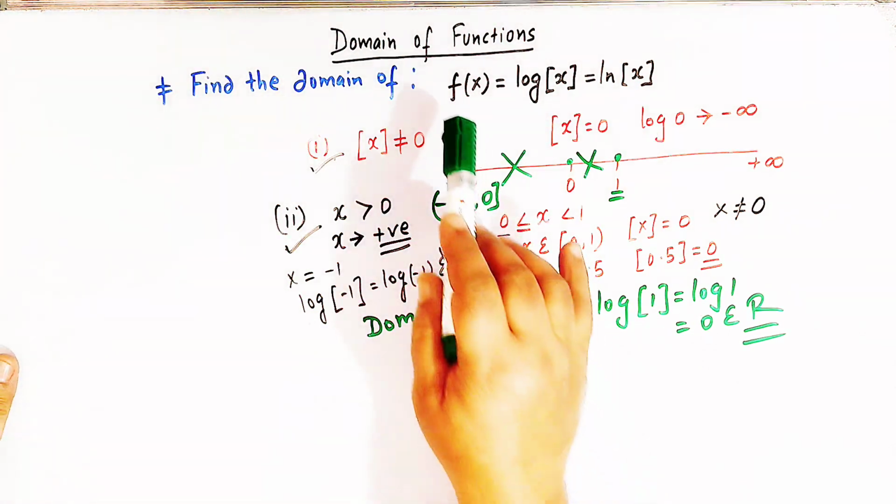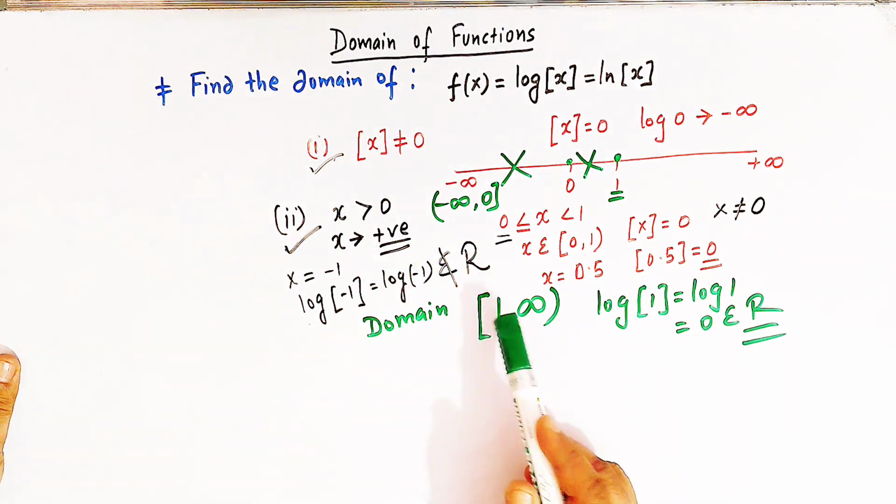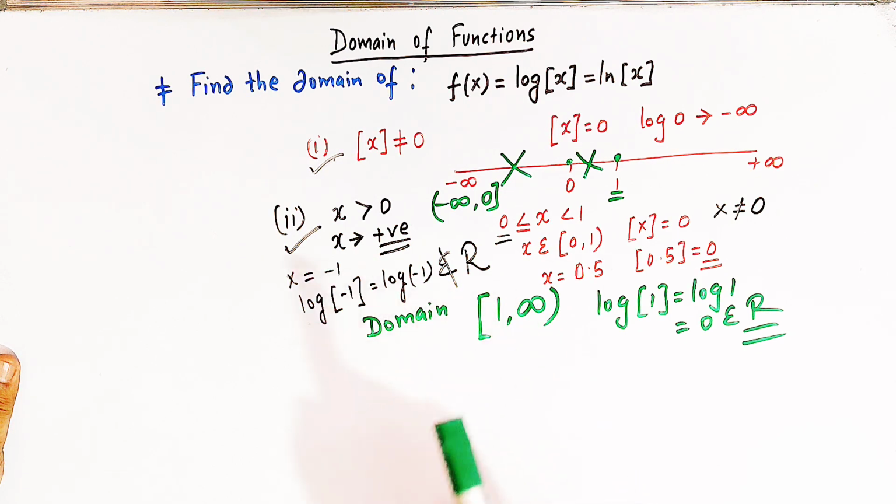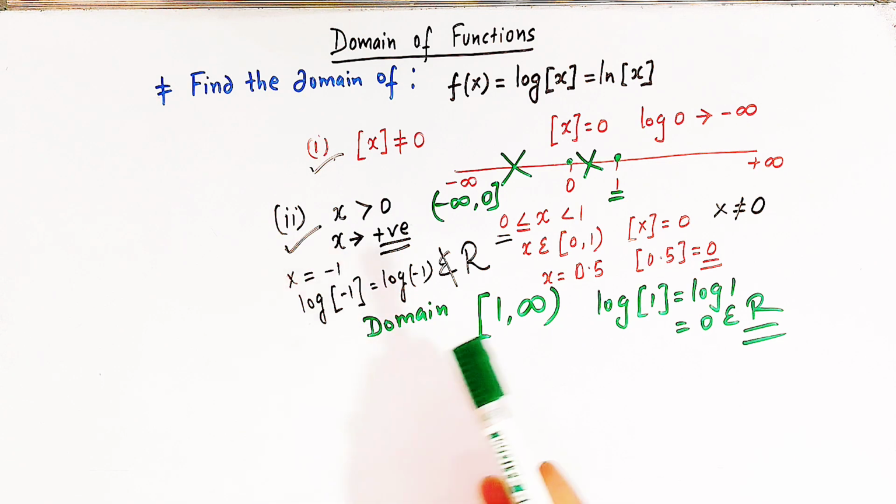So the domain of f of x is given by the interval 1 to infinity, where 1 is included because log of the greatest integer of 1 is defined. So this is how, by making these arguments and discussions, we can arrive at the domain of given functions.